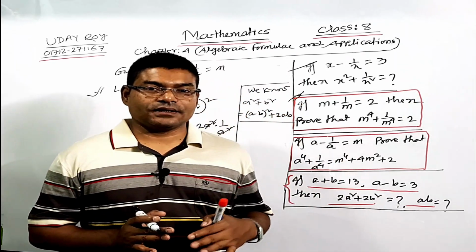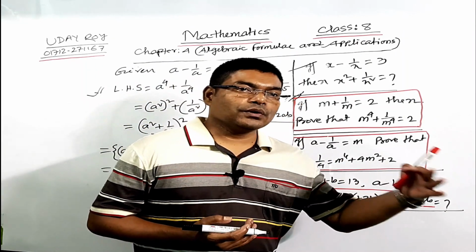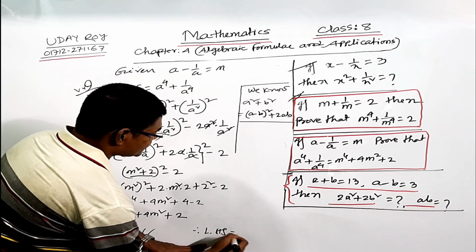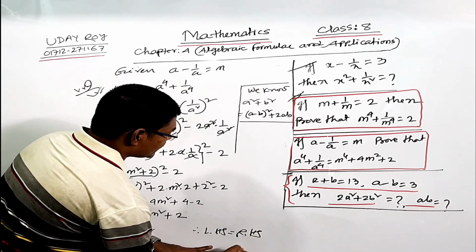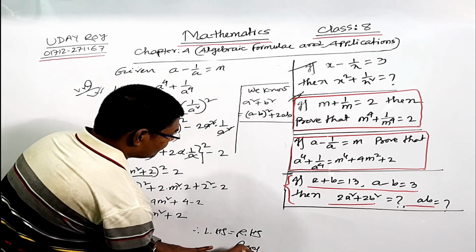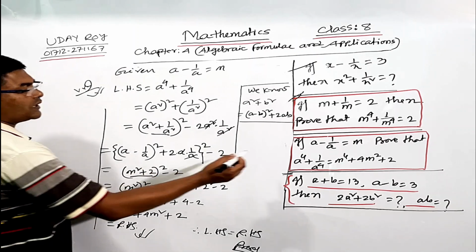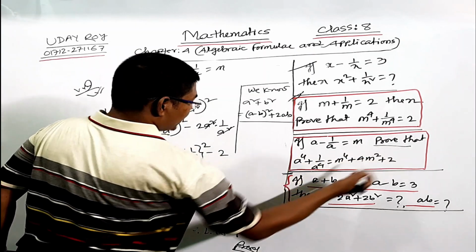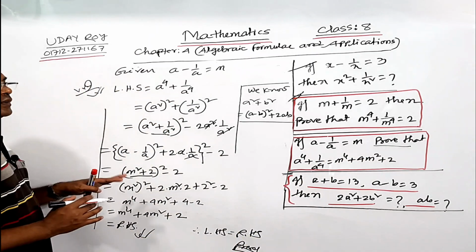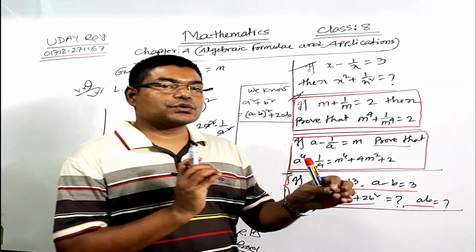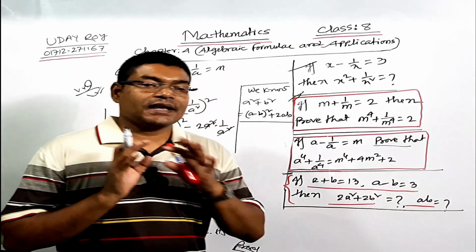Our maths is done. Now just write proved. You can write proved because it is proved. After completing the maths, if it says show that, you have to write showed. If it says prove that, you have to write proved.